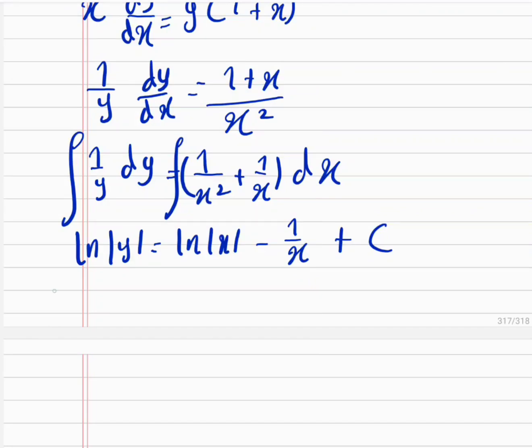Now we can do e to the power of both sides. So we'll have e to the power of ln y is equal to e to the power of ln x minus 1 over x plus c.